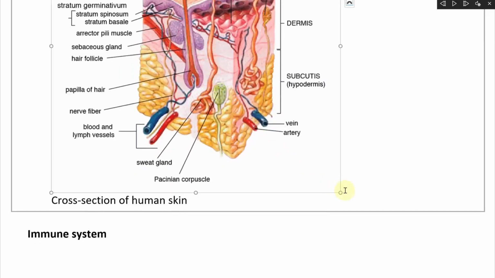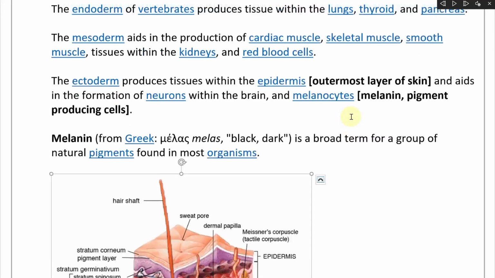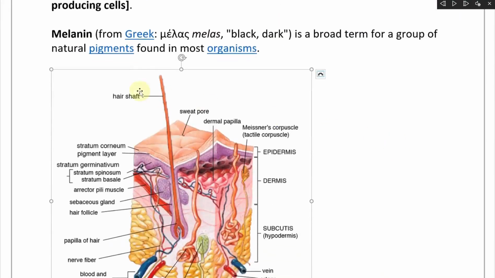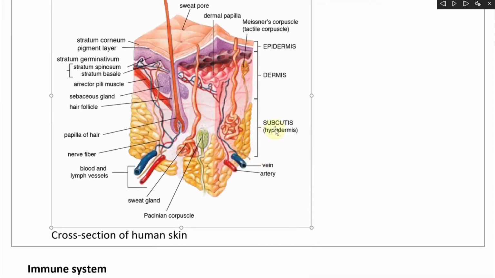And let's just take a look at this cross section of human skin there, just to show the epidermis and so on. So it produces epidermis, which is the outermost layer of skin. So the hair shaft there, a sweat pore, and there's the epidermis as the top layer. There's a dermis, the middle layer, and there's the subcutis or hypodermis, the lower layer. There's a vein, there's an artery, and so on.